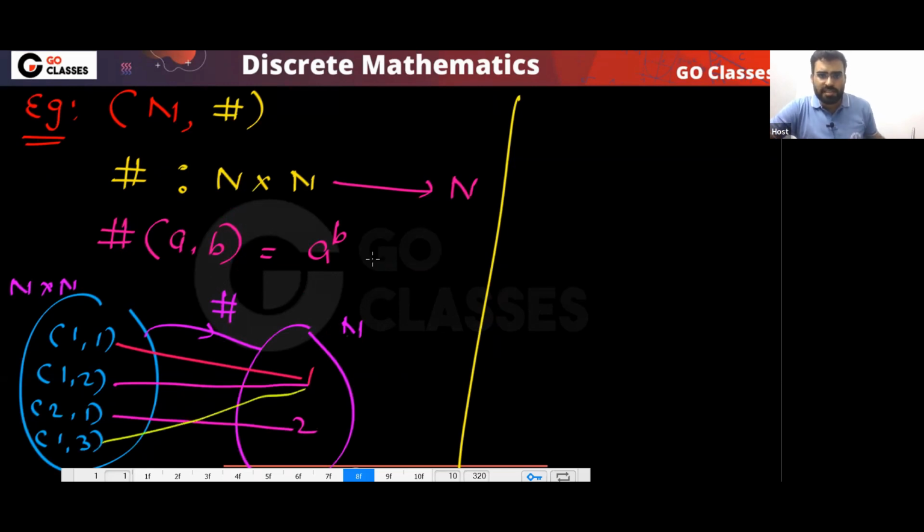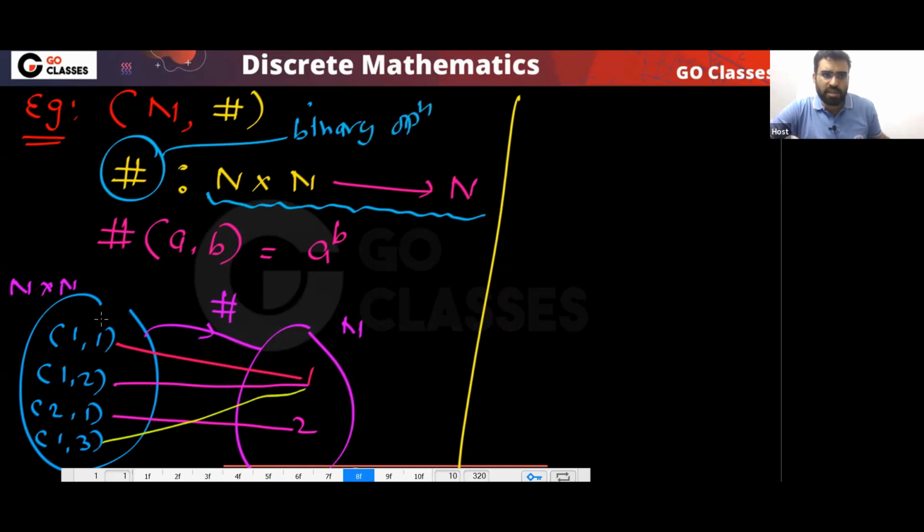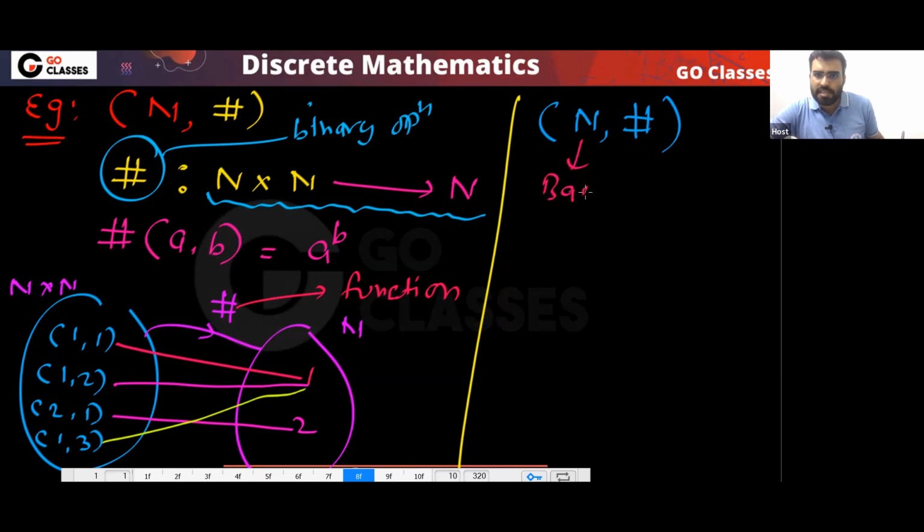Now remember this thing. We can think of this binary operation as a function. In simple words, if you don't want to make this too complicated, you have this base set, your underlying set, and this is your binary operation.